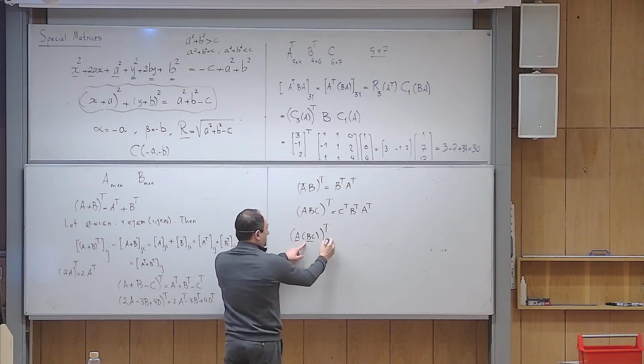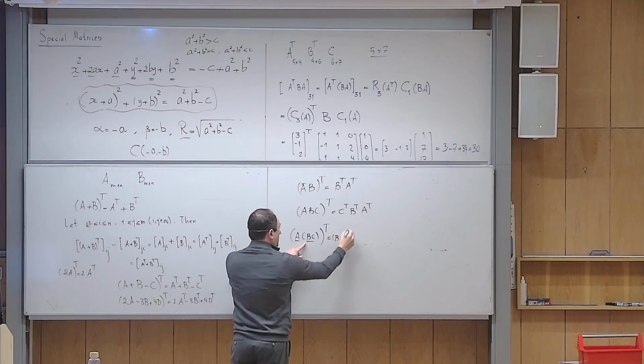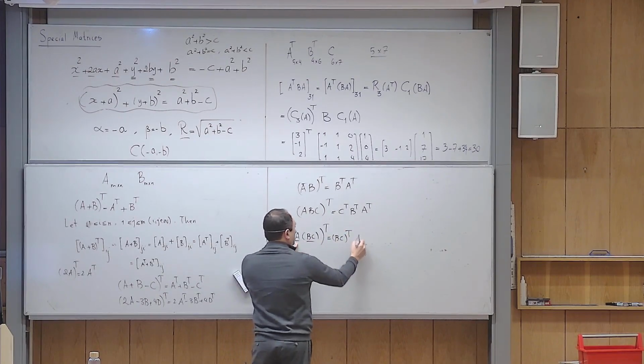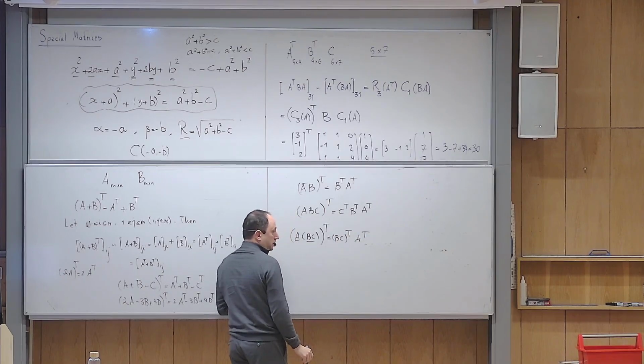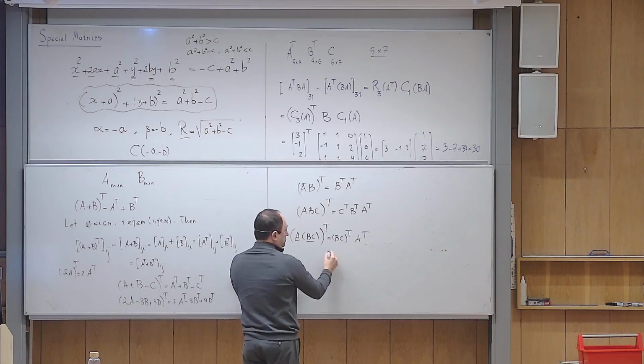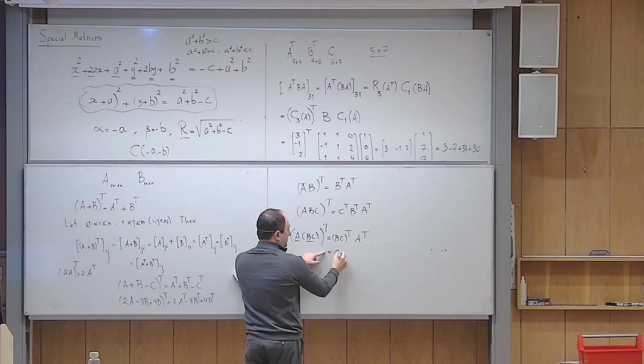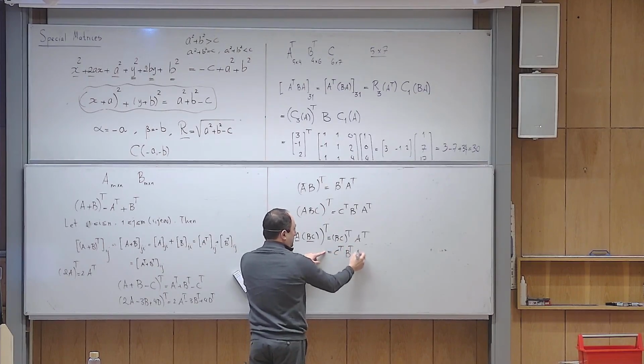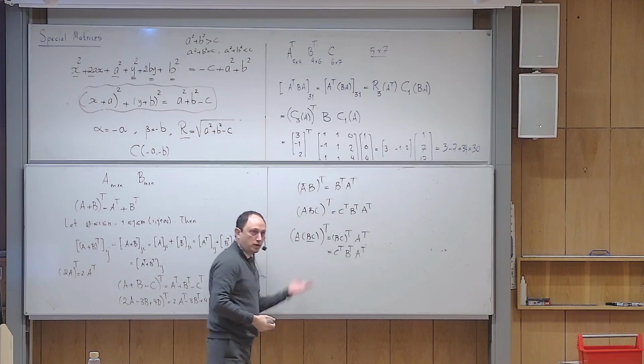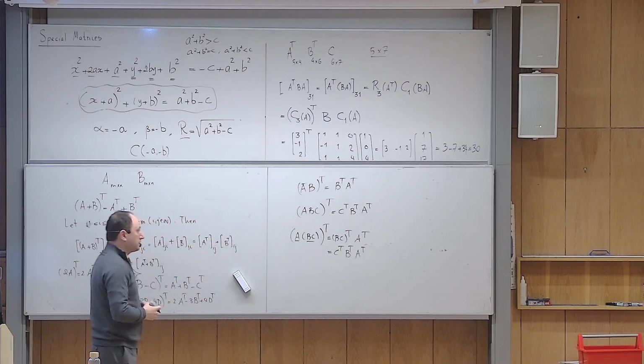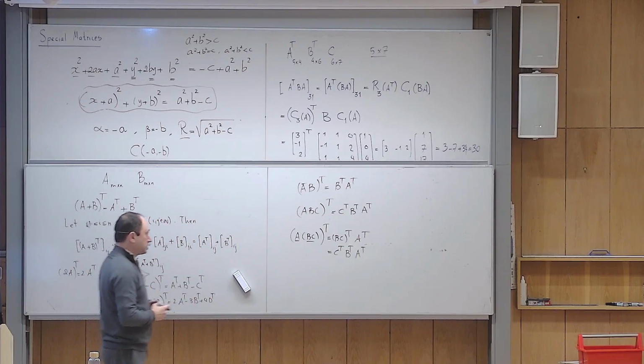So this becomes the second matrix transpose multiplied by the first matrix transpose. But again, this is a product of 2 matrices, so it becomes the second transpose, then the first transpose, and then this one. So if you use it 2 times, you can prove this. And using mathematical induction, you can give a rigorous proof.